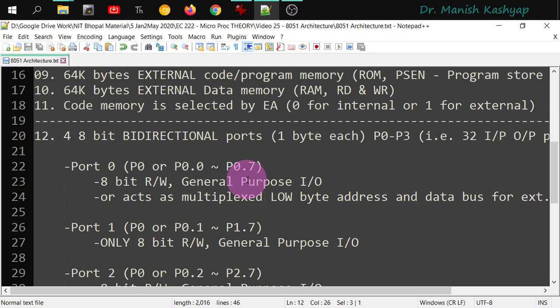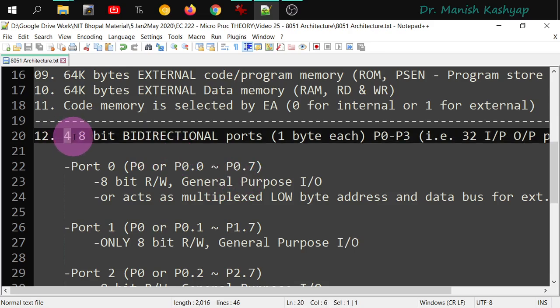Then after that, talking about the peripherals which are already fabricated onto the chip. This 8051 microcontroller has four 8-bit bidirectional ports, right? By port we mean anything that can take and give data, so it's a transceiver of data.